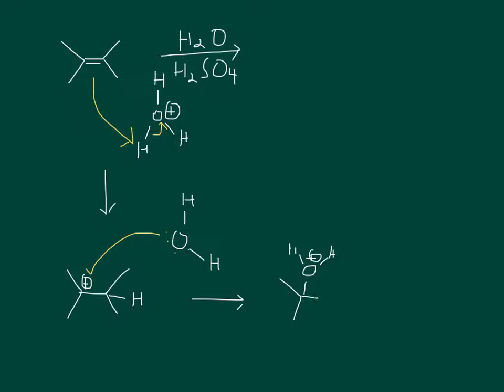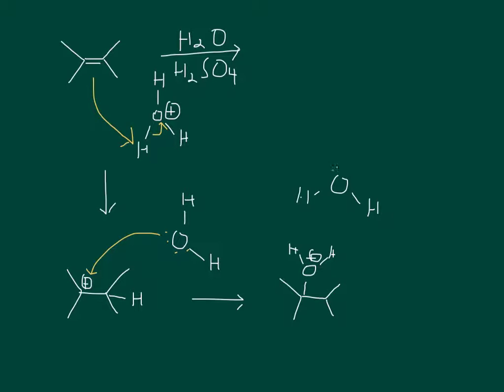oxygen. Well, this is acid-catalyzed conditions, so we know that our catalyst, the proton, is going to be reformed. So in this case, after the hydronium ion donated its proton, we can have a water molecule come in and abstract the proton off of the added water on the molecule.